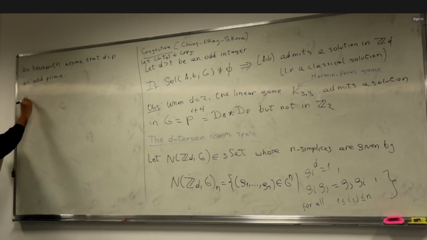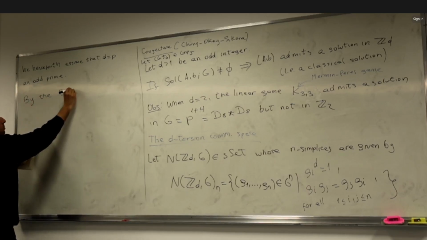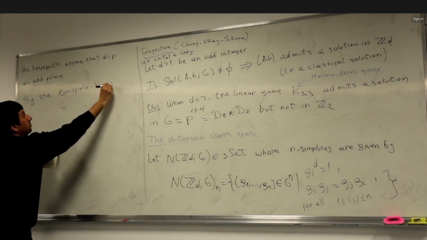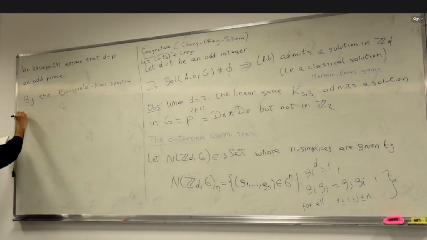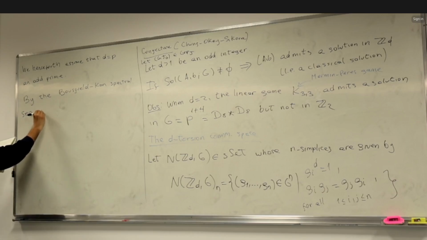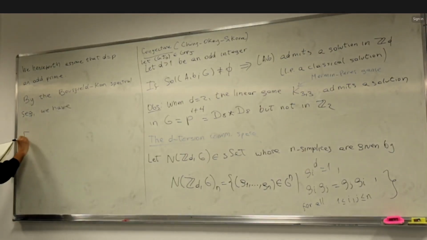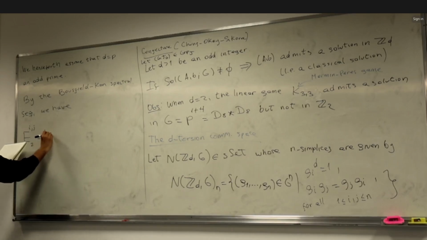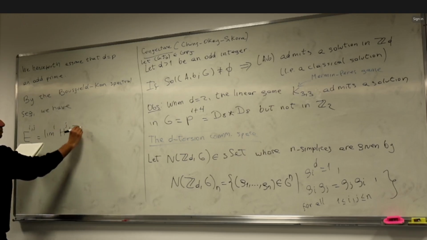Now, by the Bousfield-Kan spectral sequence, we have the following. The higher limits, or the cohomology groups of these guys.